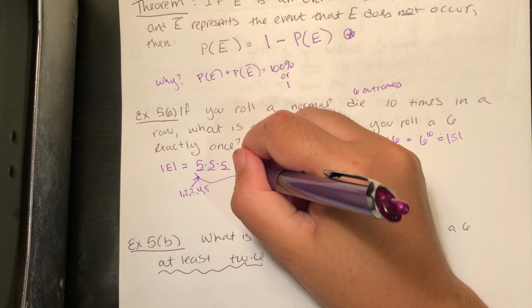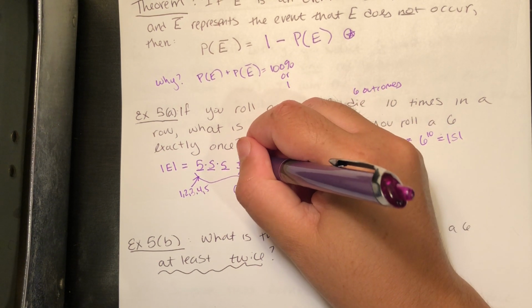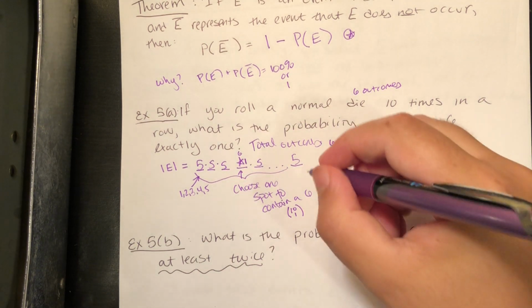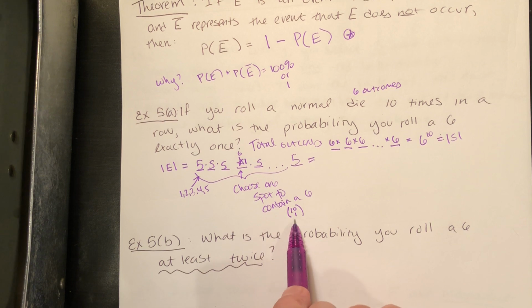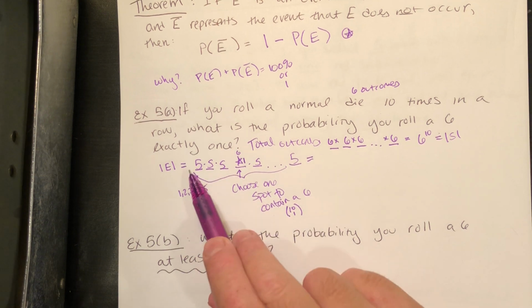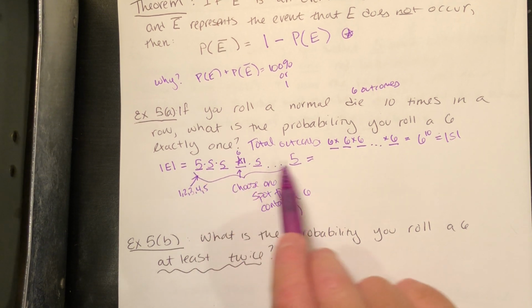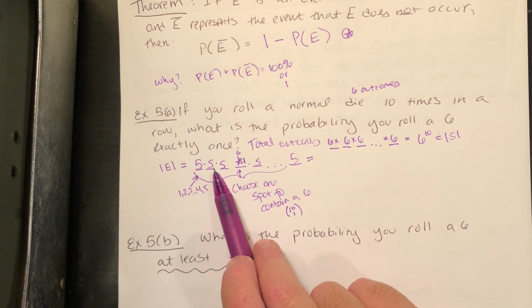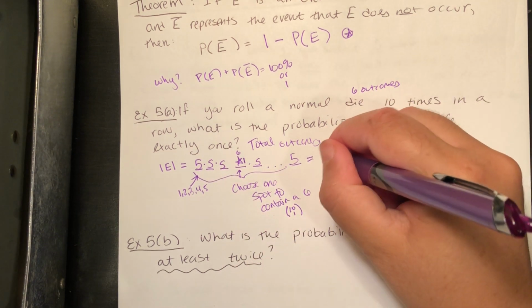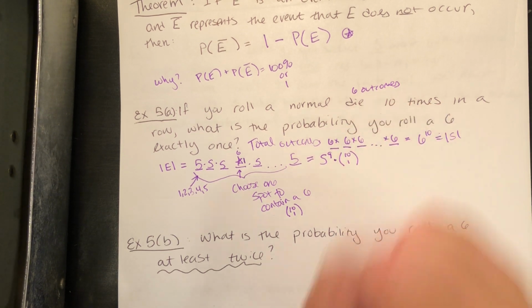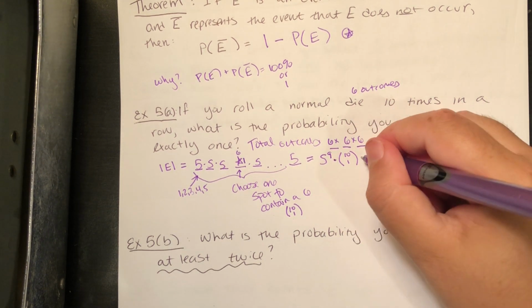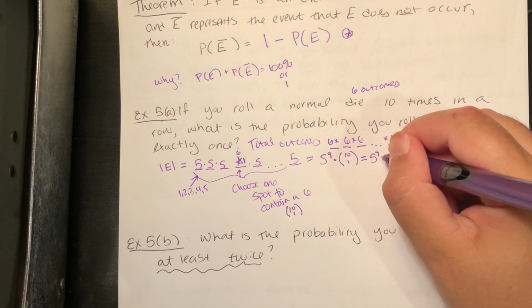And this spot here is guaranteed to be a 6, so there's really just one outcome for that spot. So the total number of ways that you can choose a spot to contain a 6, and then fill the remaining spots with something that's not a 6, would be 5 to the 9th power, times 10 choose 1. 10 choose 1 is just 10. So this is 5 to the 9th power times 10.